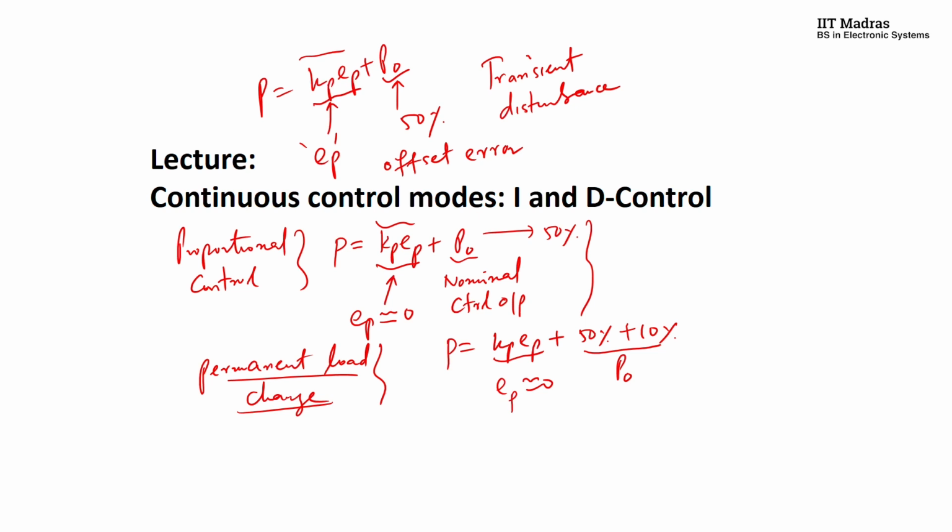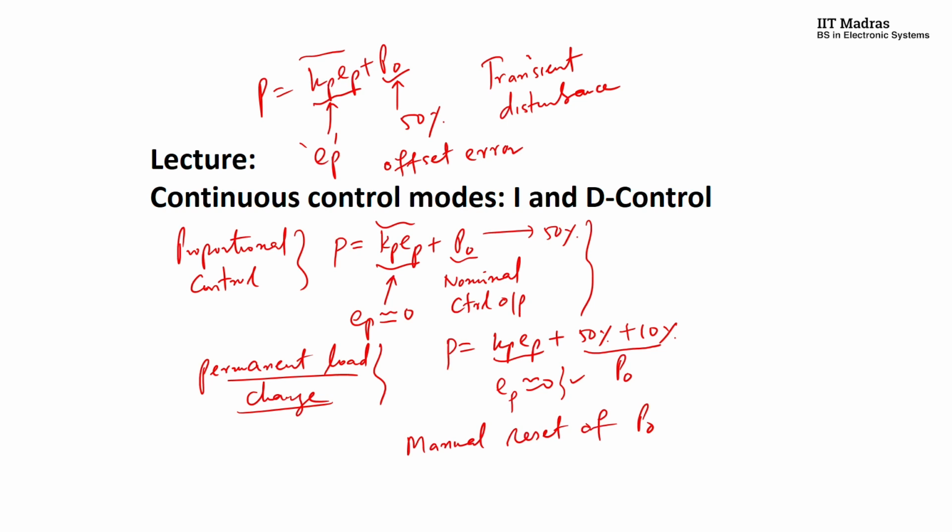So whenever there is a permanent load change, you need to adjust this P naught value and bring the error to 0 for the nominal value of control output. This is called manual reset of P naught value. It would be great if we had a setup where we can adjust this P naught dynamically, so that every time there is a permanent load change, you would be able to adjust P naught automatically.